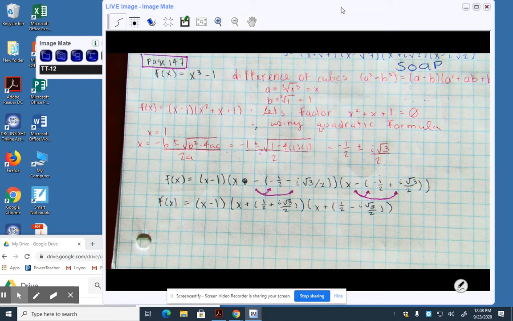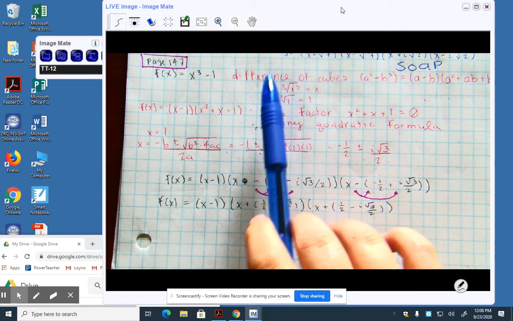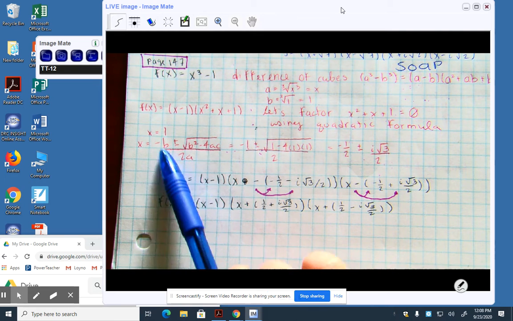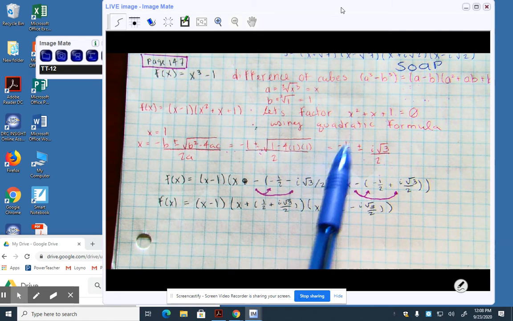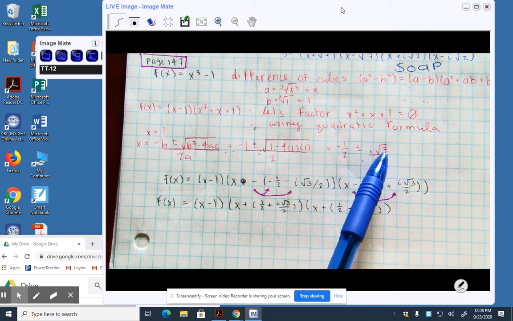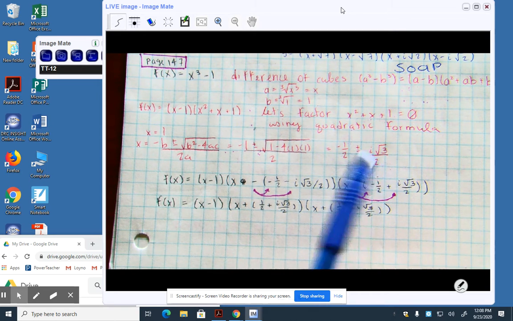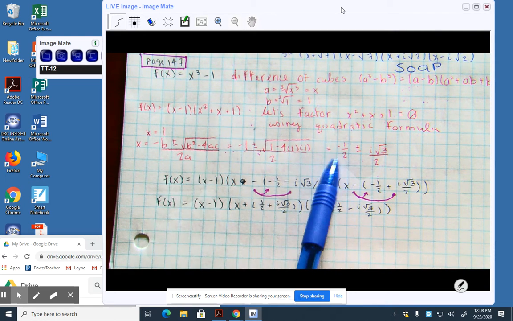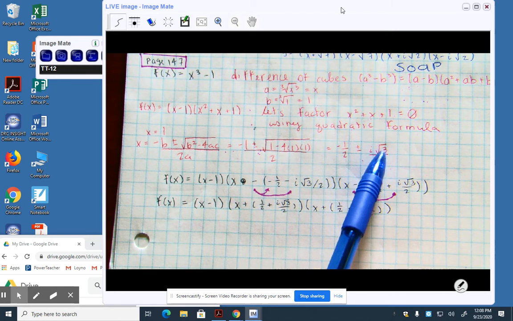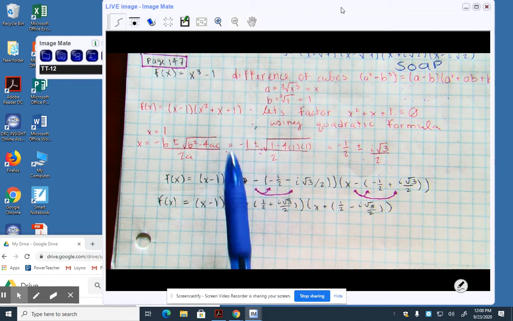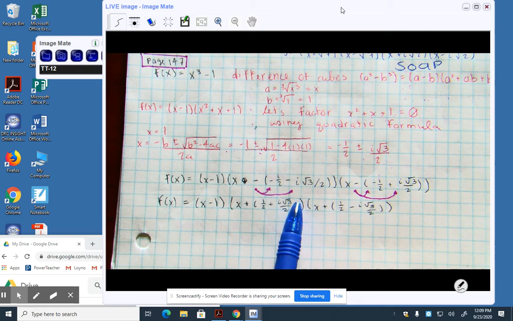Perfect. So now I have three distinct factors, and I used some difference of cubes. So I've got 1, then negative 1/2 plus i radical 3 over 2, and then negative 1/2 minus i radical 3 over 2. And I could put this back in, I'll do that here.